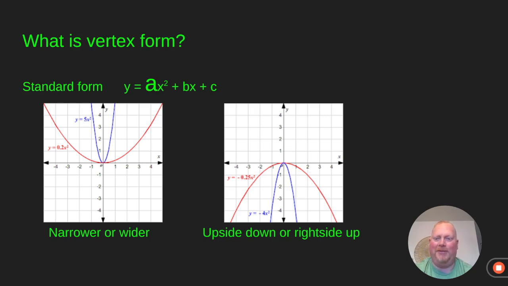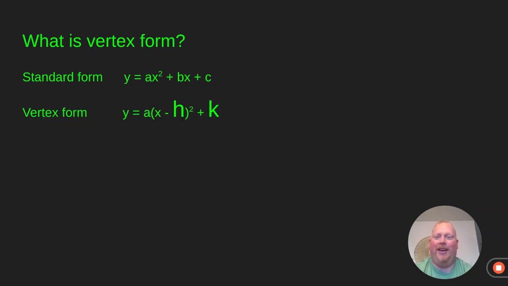The a value is the exact same thing as before. But the h and the k, that's what is different about this. And that h and the k is actually going to be the vertex. So you should be able to look at the equation and just tell right away what the vertex is.